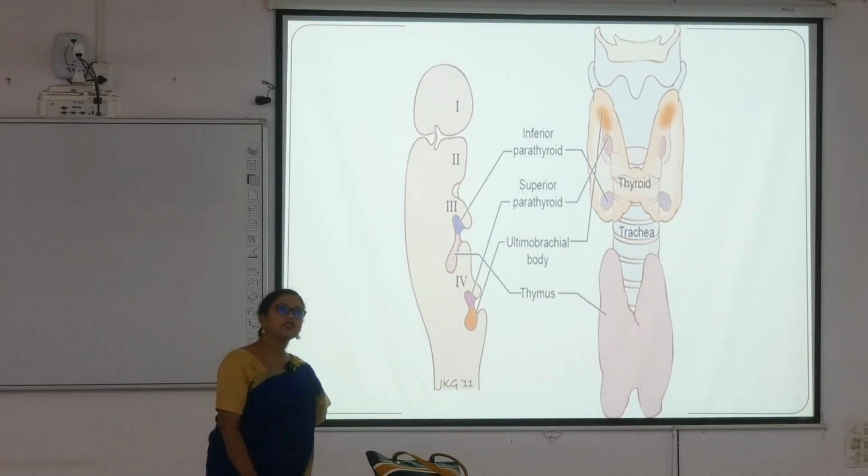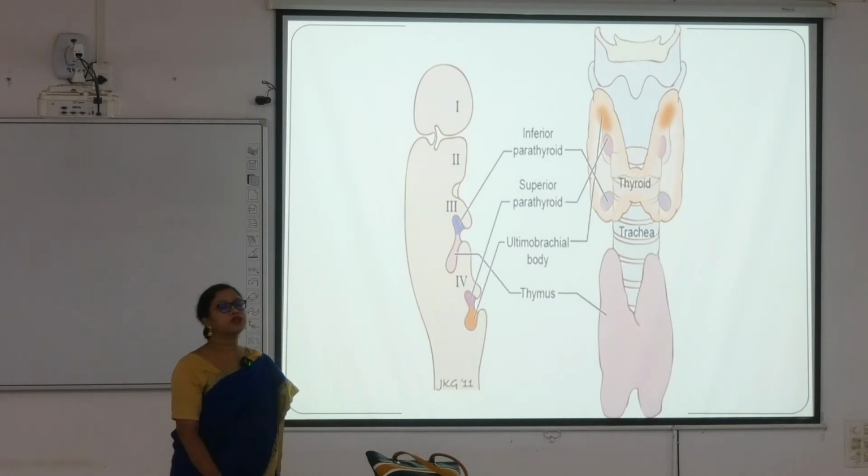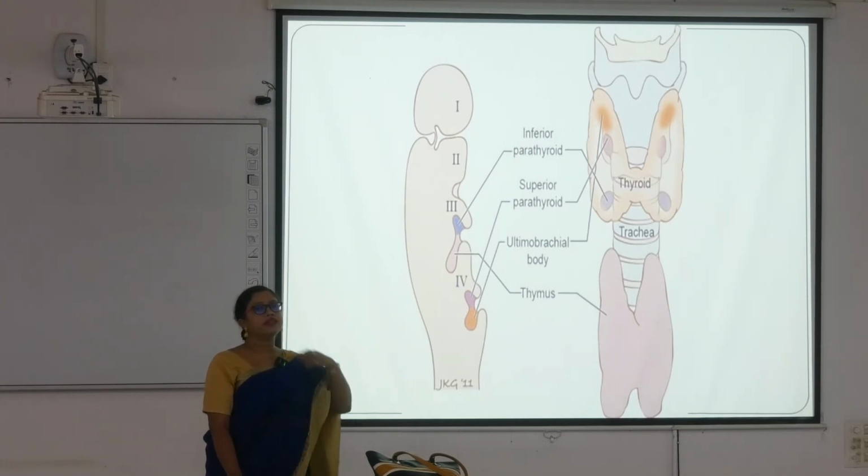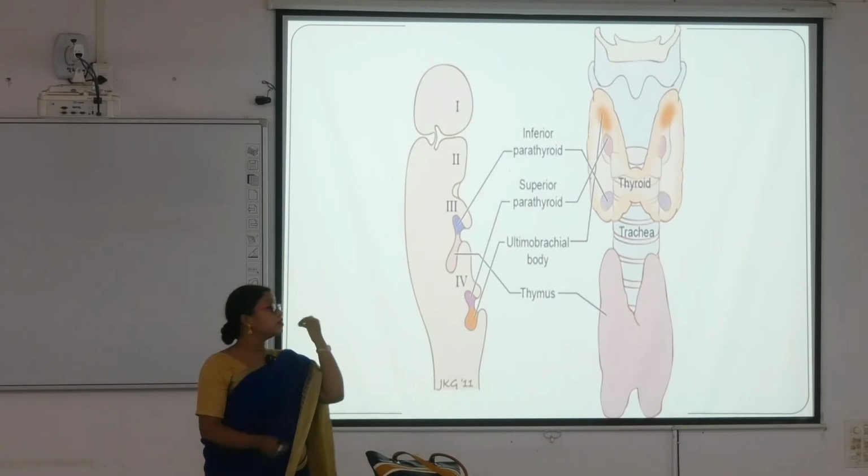One extension that is known as ultimobranchial body. ঠিক আছে? So একটা ছোট জায়গা একটু নোট করে রাখ। থার্ড আর্চ থেকে কি কি তৈরি হলো তাহলে? Inferior parathyroid and the thyroid gland. Okay?